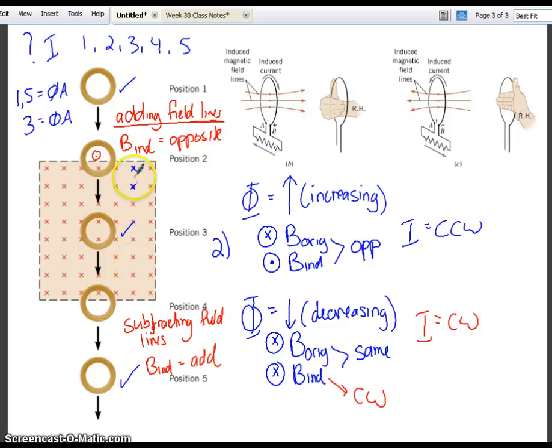In this case, the original field's into the page. And if we are decreasing flux, the induced current will be the same as the original, because when we add, the induced current wanted to subtract. And when we subtracted, the induced current wanted to add on to the original.